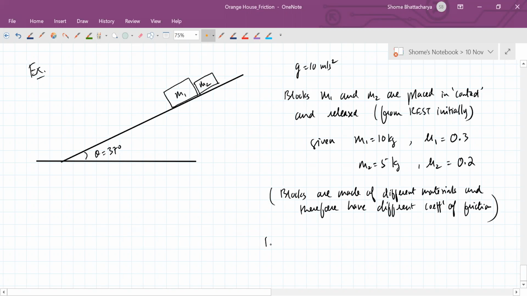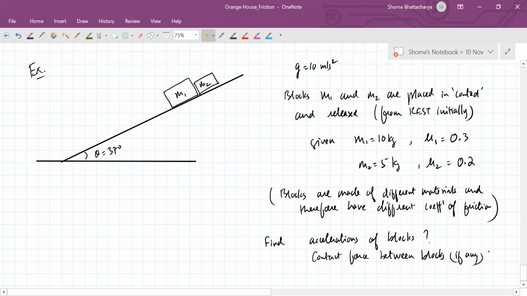So we have to find accelerations of the blocks, okay, and contact force between the blocks, okay, if any. Okay, take down the question, then I will discuss something about it and you will solve it yourself.